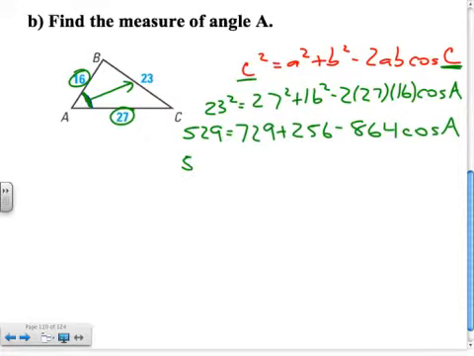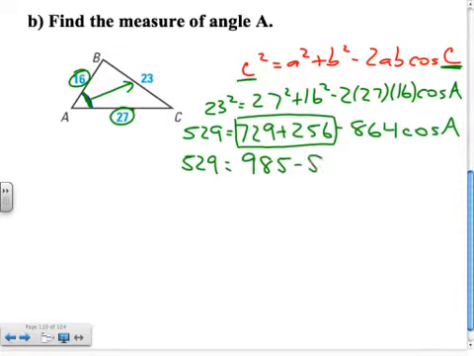So I have 529. Over here I want to collect like terms, so I'm going to add these two numbers together. So I have 729 plus 256, and that leaves me with 985 minus 864 cosine A.